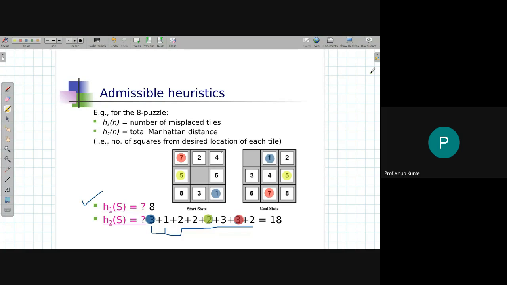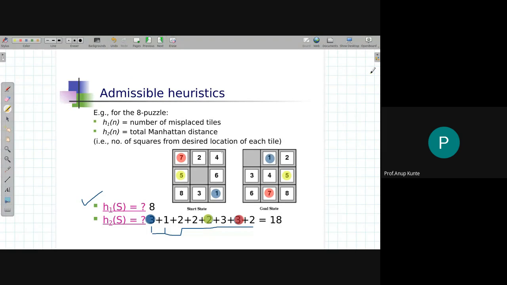It should have the property of being admissible, but there can be multiple admissible heuristics, and you need to demonstrate or experimentally understand which heuristic would do better than the other, because all heuristics may not be as useful as they look.